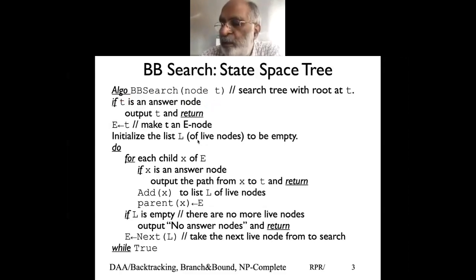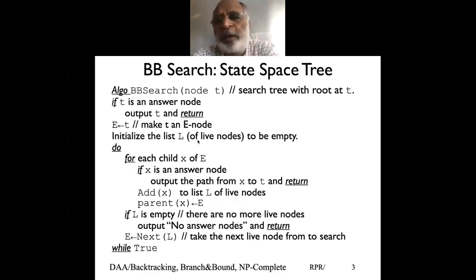If not, make this root the E node, the node to explore, and initialize your list of live nodes to empty. Because we're starting from a root, my list of live nodes would be empty, and this is already the E node. Now we look at each child of x, each child meaning whatever value we can take.